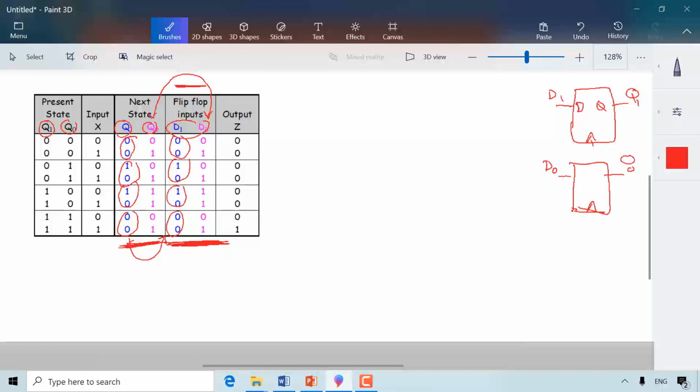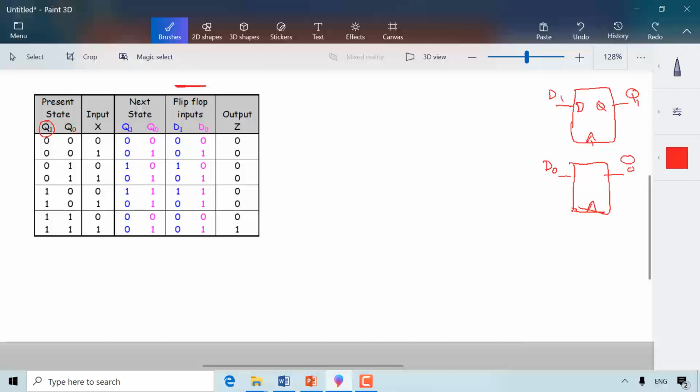That's why everybody loves the D flip-flop, because the input value equals the next state. We have one input, we don't have two inputs like JK. So in fact, the excitation table is very simple: input values equal next state.